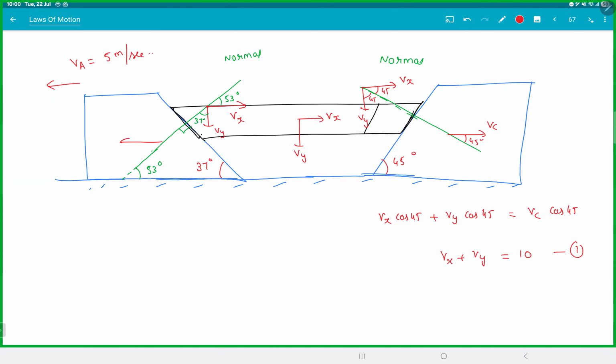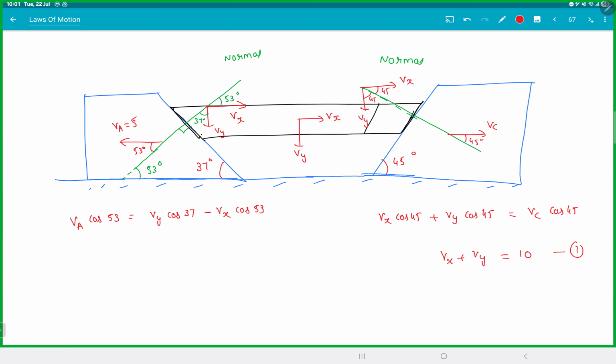And your B is going this way with 5. A is going with 5. If that is 53, this angle is also 53. Again, velocities along the normal must be same. So VA cos 53 must be equal to Vy's component is downward, so Vy cos 37. Vx's component is upward, so it will subtract Vx cos 53.